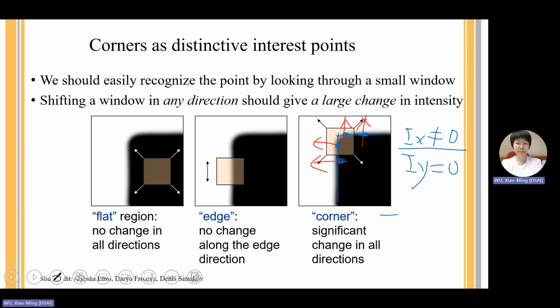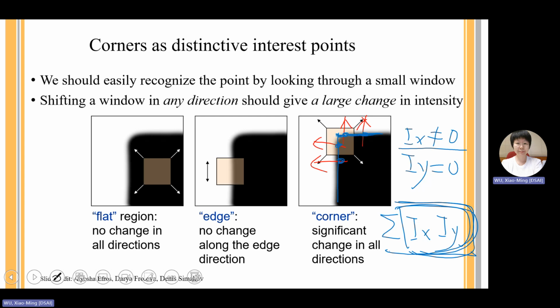So if you compute Ix Iy, because Ix and Iy cannot be non-zero simultaneously, at least one of them has to be 0. Can you name a case when they are non-zero simultaneously? You cannot find such a case.